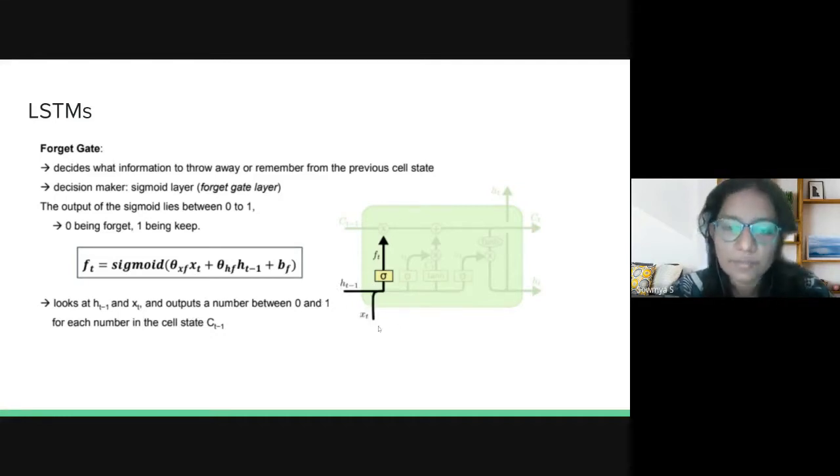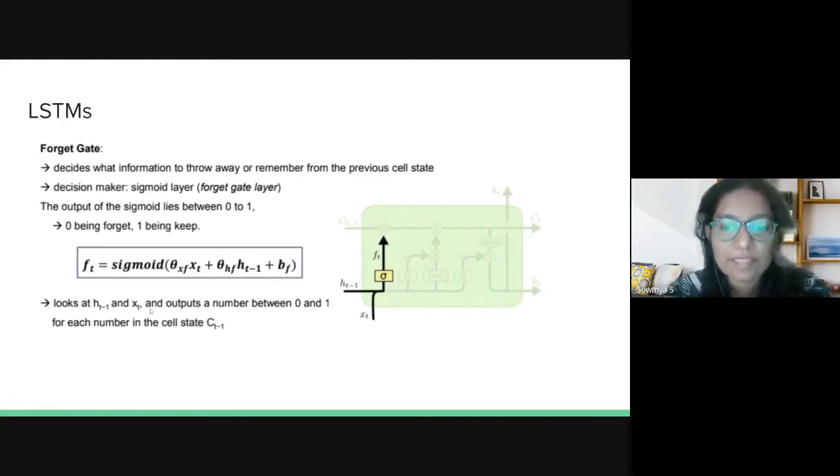Once we have these two things, we squash it into a fraction. And you have to remember, it's important that these parameters or coefficients for the sigmoid are going to be learned in this process. So you do have, in a way, a more complex model. And when you have a more complex model, you need more data to train it because these parameters are going to be trained as well.